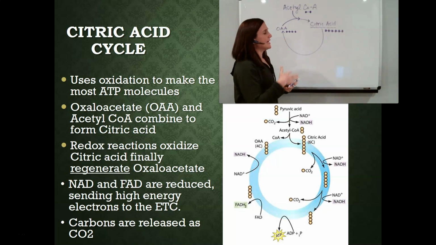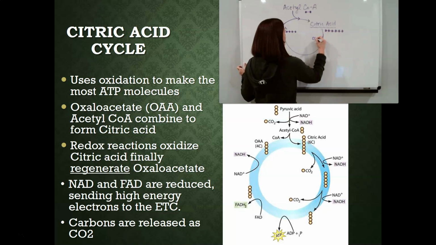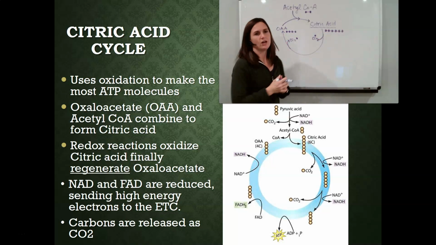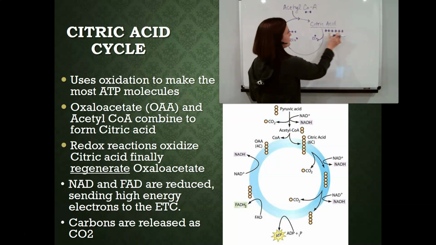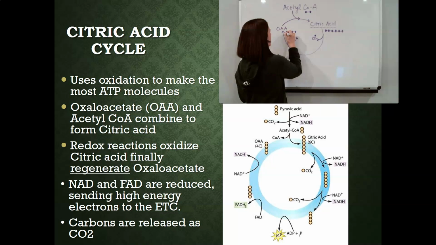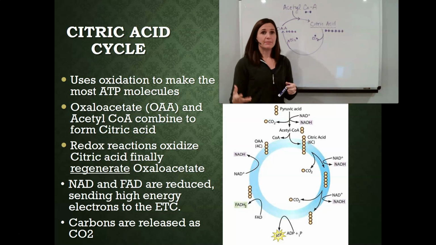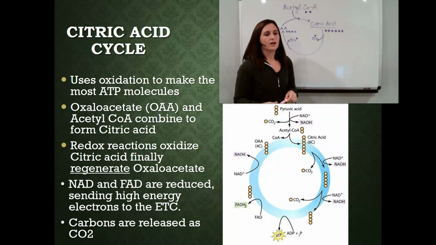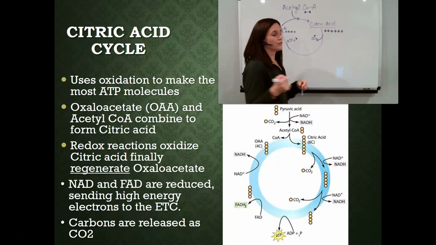Now, as citric acid turns into oxaloacetate, it is going to lose carbon as CO2. So these 2 carbons are going to get to leave. And so we will have gotten rid of 1, 2, and we'll be back to 4 carbons of oxaloacetate. In the meantime, we're also going to be reducing NAD to NADH in 3 places.